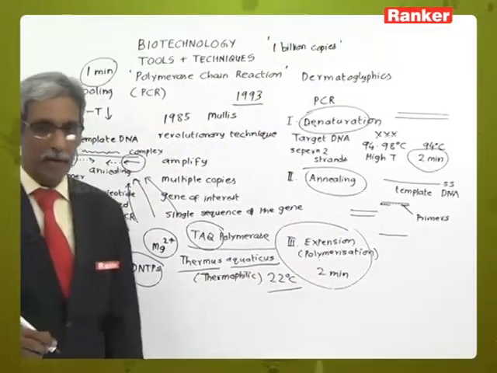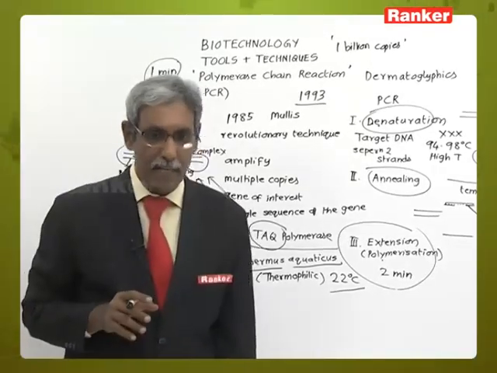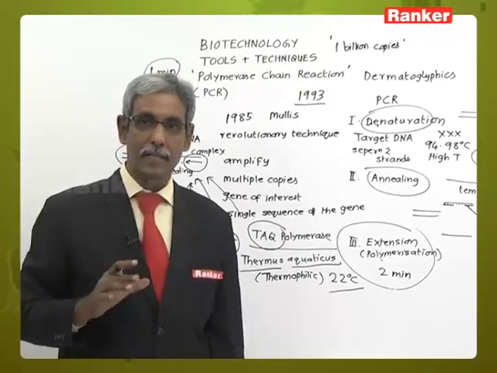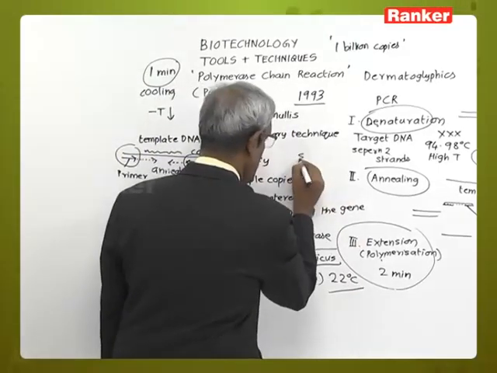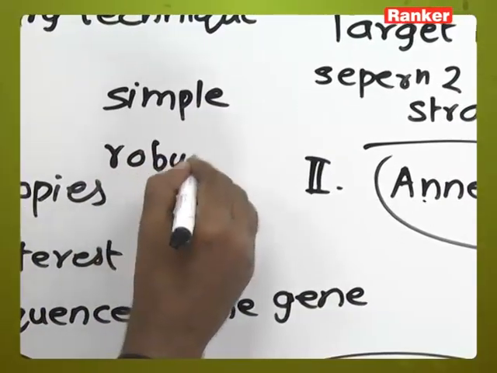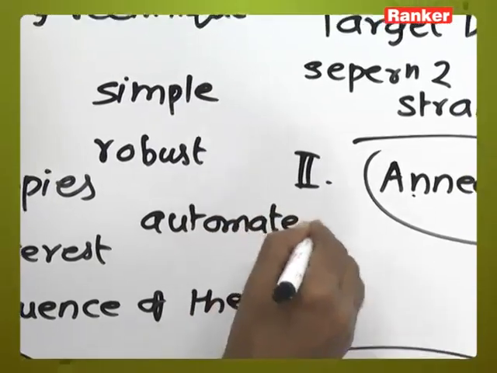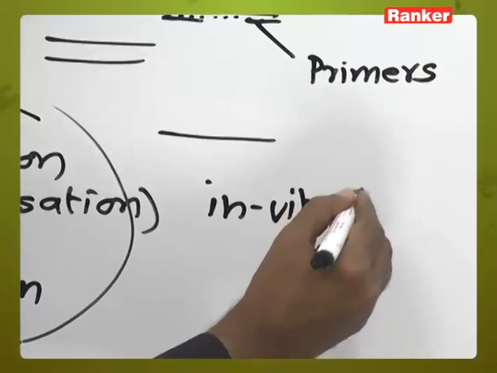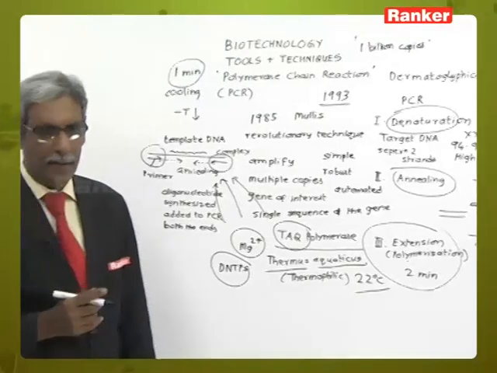And we are using only specific DNA sequences, and the entire operation of PCR is completely automated. It is simple, it is robust, it is automated, and the process is in vitro. It always occurs in vitro, that is in lab conditions.